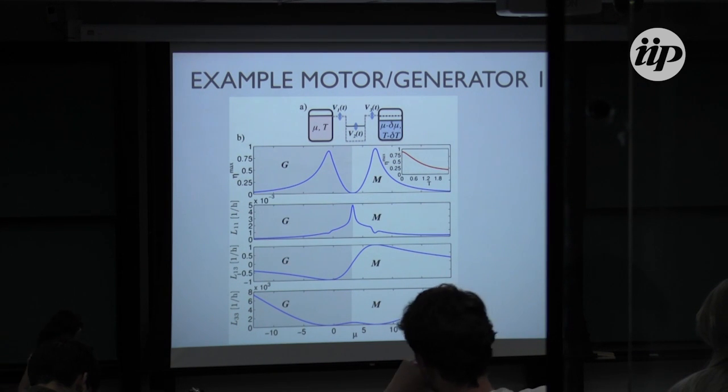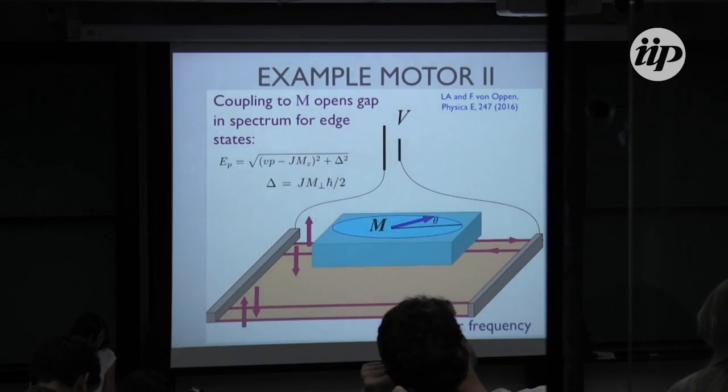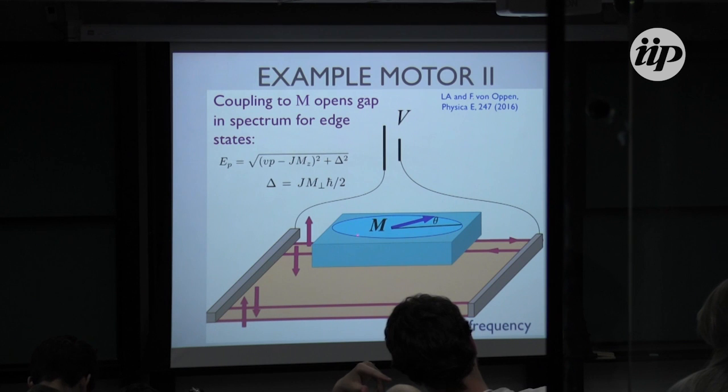The other example, more sophisticated, but I think more interesting, is the case of a magnetic island contacted to the helical edge states of a topological insulator.